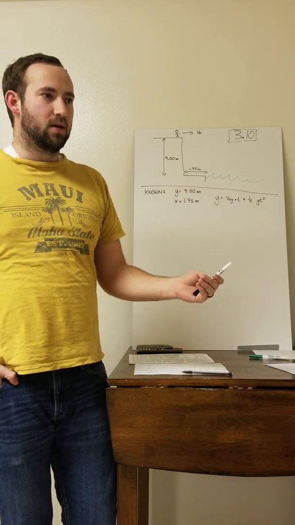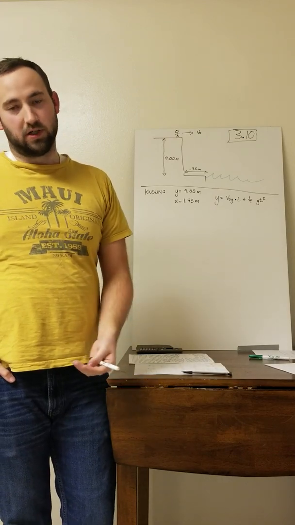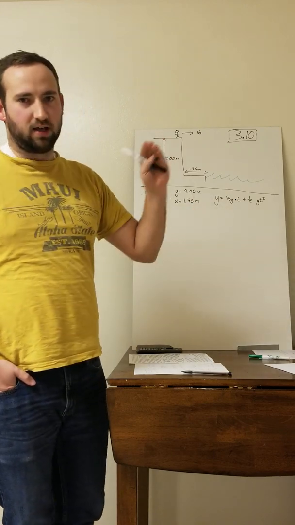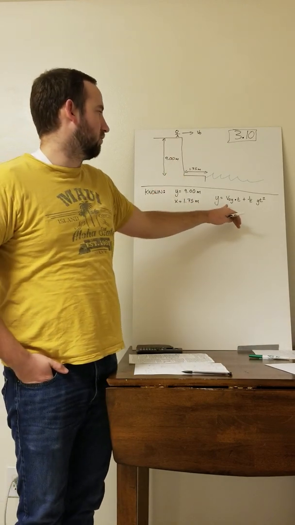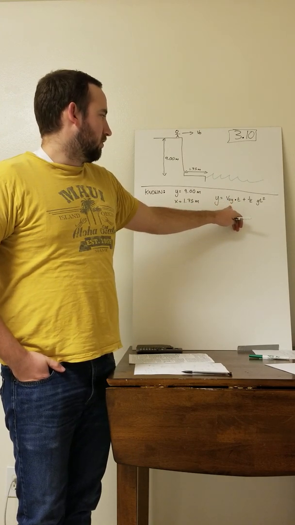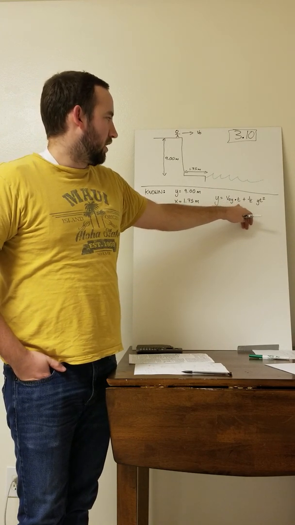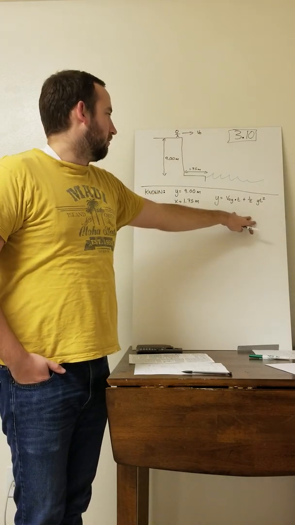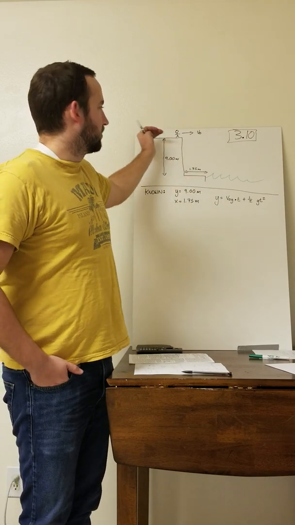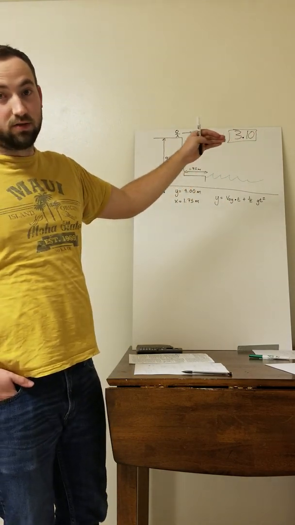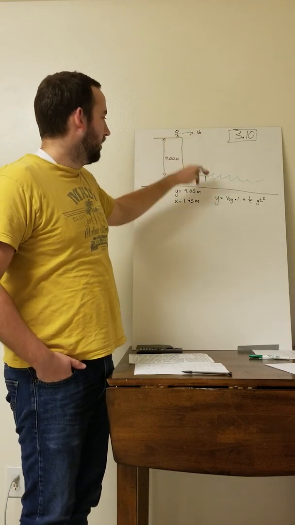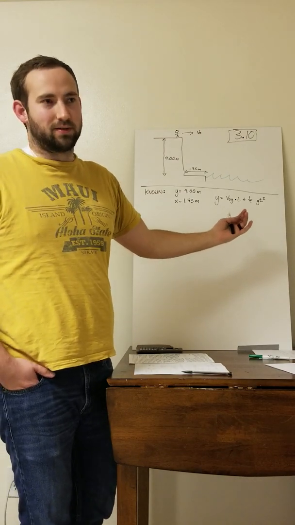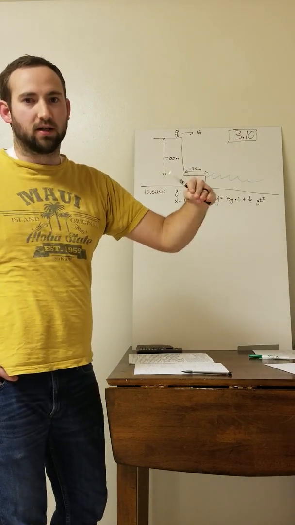To do that, we're going to need to use one of the equations we've learned. Since we're dealing with height, we'll want this one: y equals v0y, the initial velocity in y, times time, plus 1/2 g t squared. The nice thing is that since this person is running only horizontally, the initial velocity in the y direction is just 0, because there's no change in y in the beginning.